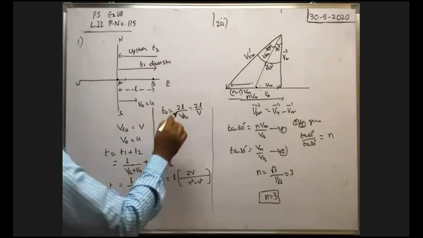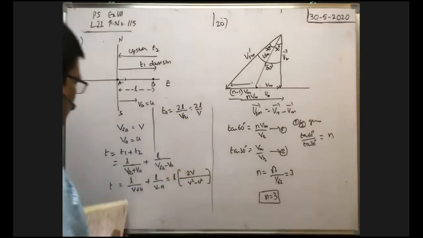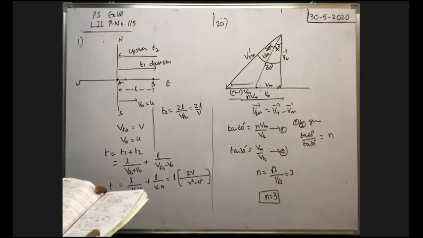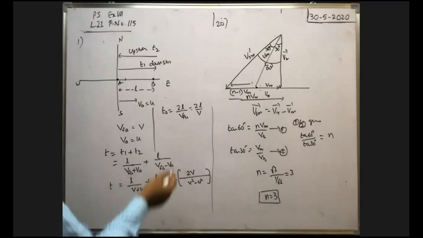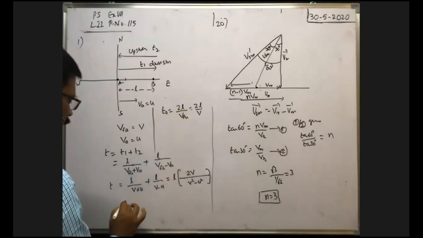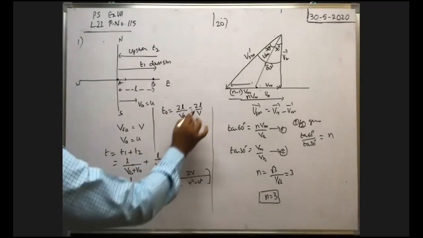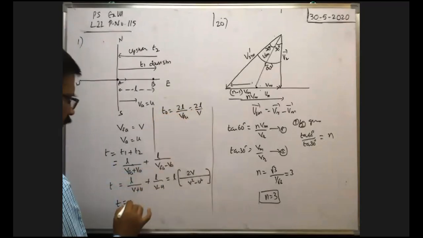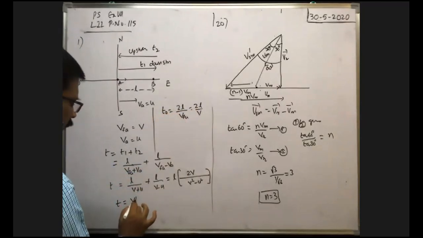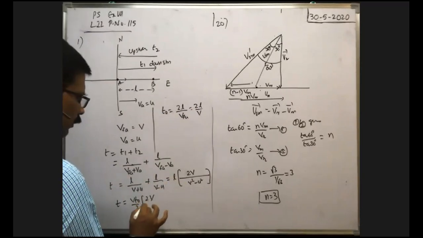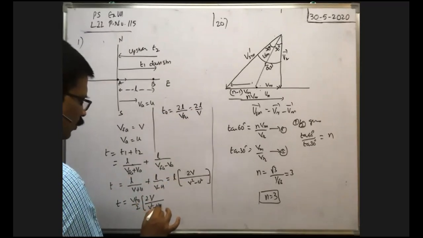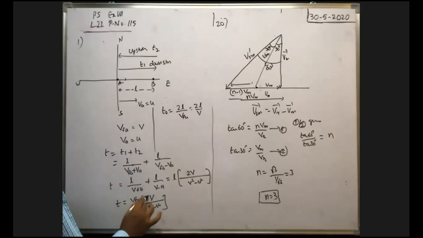So here it is given. Now in this, what about T? The answer is given in terms of T naught. L is not there, so you substitute. T is equal to, L we can write as v T naught by 2. Instead of L, I have written that into 2v by v square minus u square. So here you see the 2 cancels.